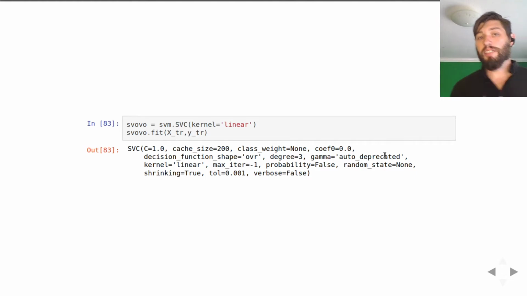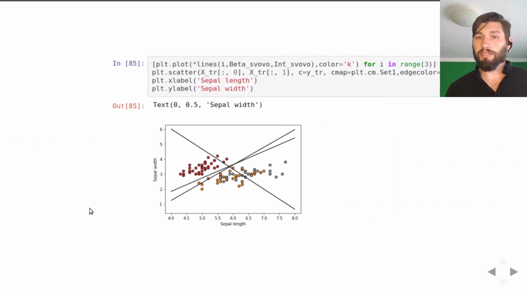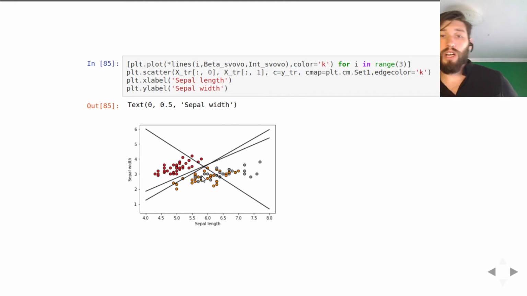Okay. So the SVC I mentioned implements the one versus one setting, although this decision function shape setting says OVR. I'll come back to that in a little bit. But it does give very different behavior.